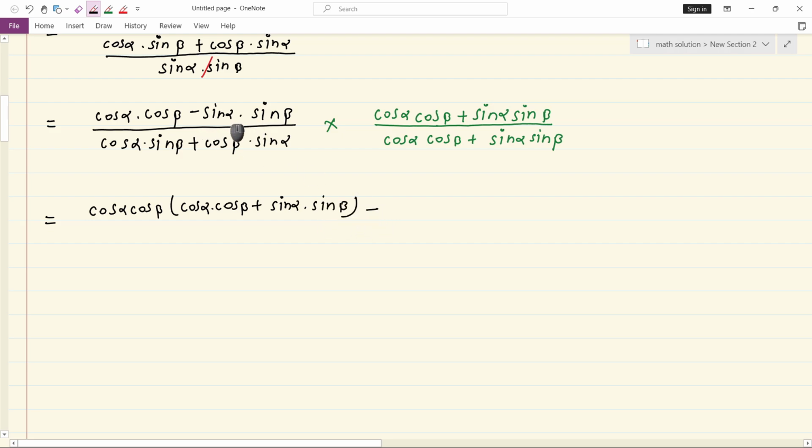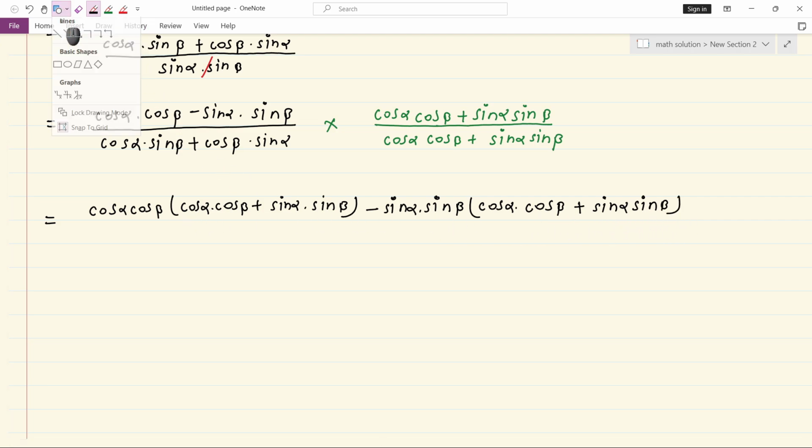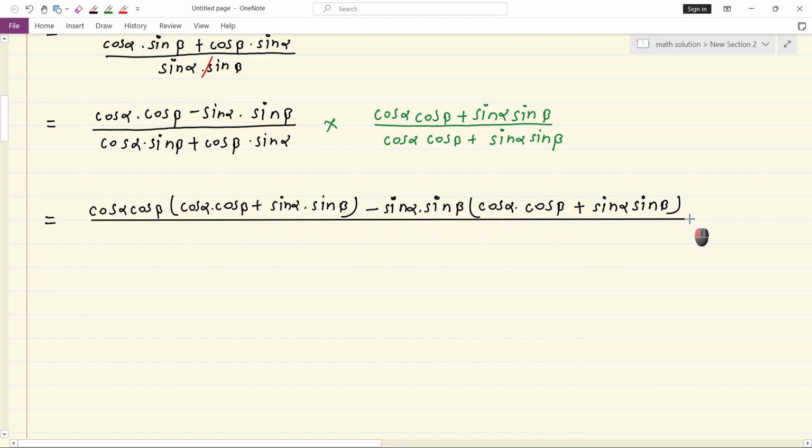Similarly multiply with this, minus sin alpha sin beta, times cos alpha cos beta plus sin alpha sin beta. If you want, you can skip this step and just move to the solution. No need to show it like this, but I am showing it here to make you understand.